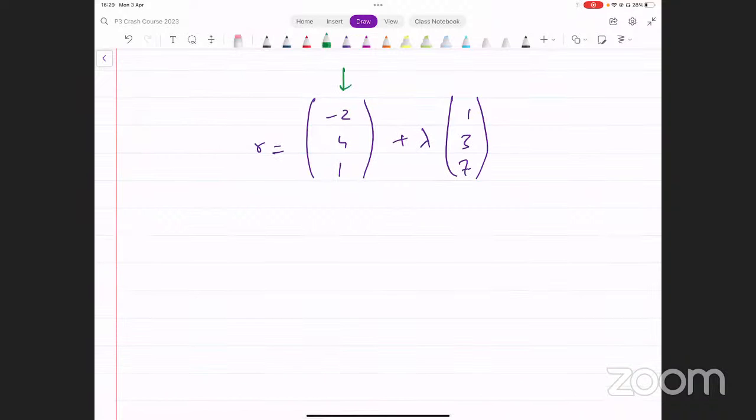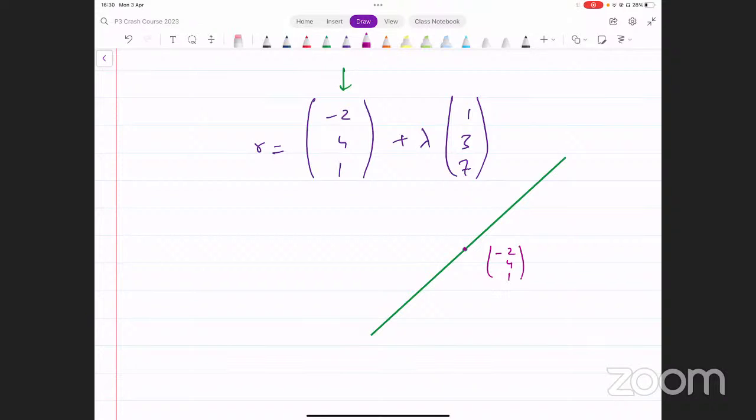Let's say this is what the line looks like, and this point has position vector (-2, 4, 1). This is the point that we used to write down the equation of the line.